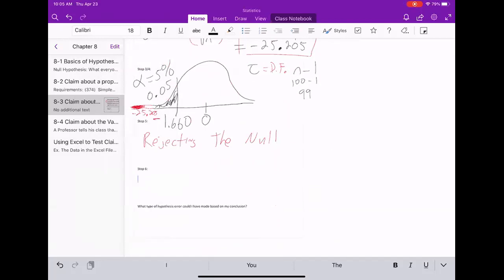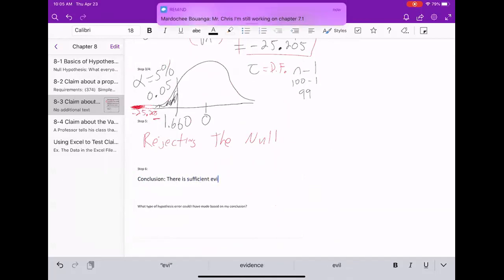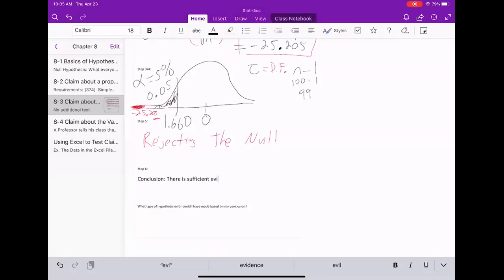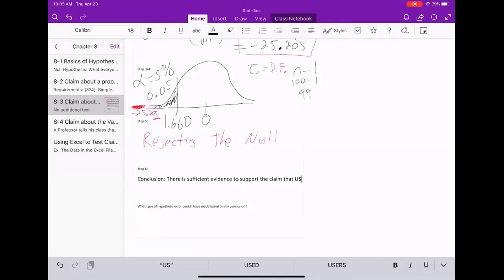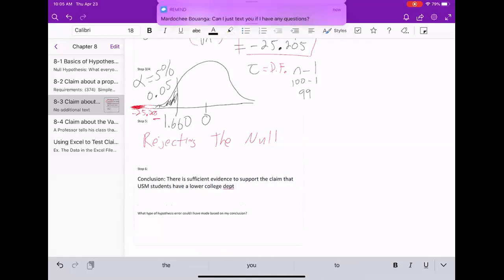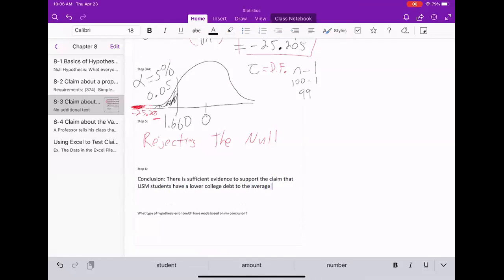So our conclusion: there is sufficient evidence to support the claim that USM students have a lower college debt than the average Maine student.